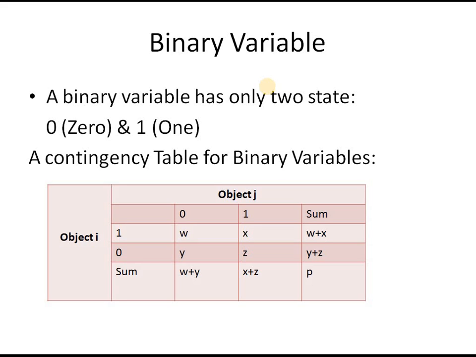The total number of variables is p equals w plus x plus y plus z.